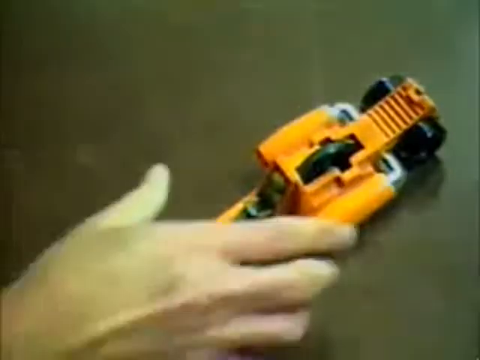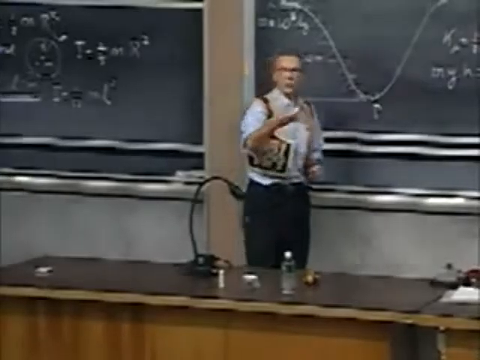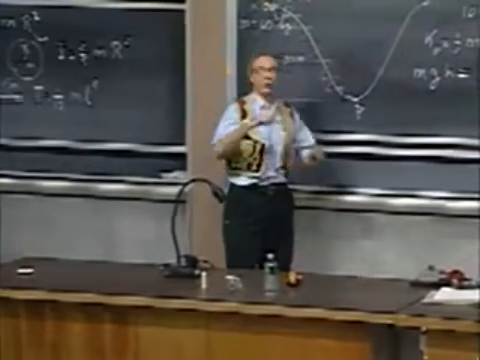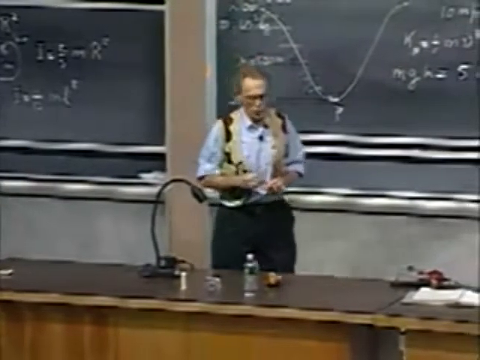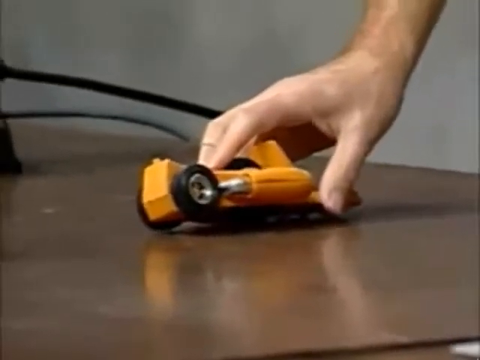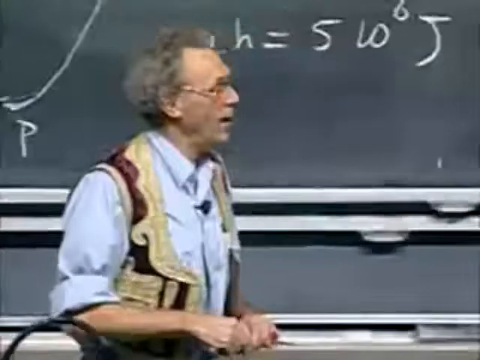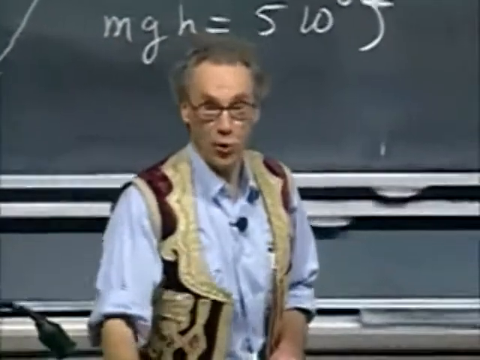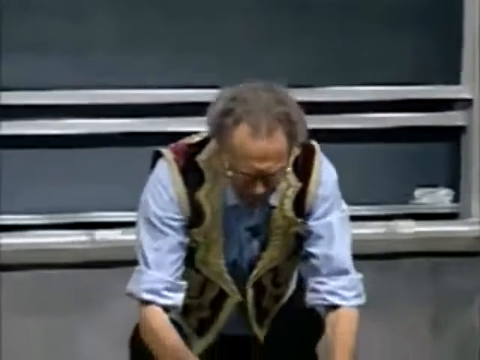In this case, I cannot convert linear motion into the flywheel. I could do that, but I'm going to do it in a reversed way. I'm going to give this flywheel a lot of kinetic energy of rotation. You'll see shortly how I do that. And then I will show you that that can be converted back into forward motion. In this case, very easy, because the flywheel itself is the wheel.